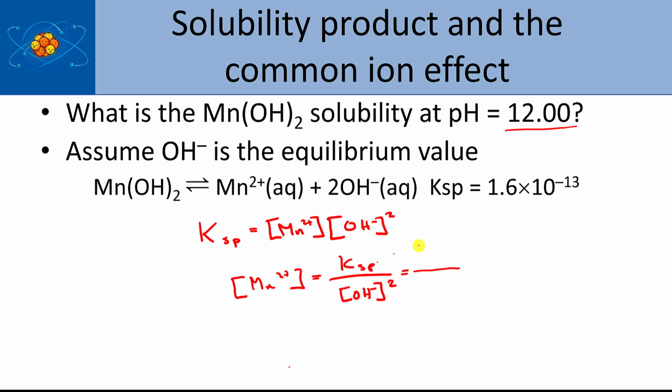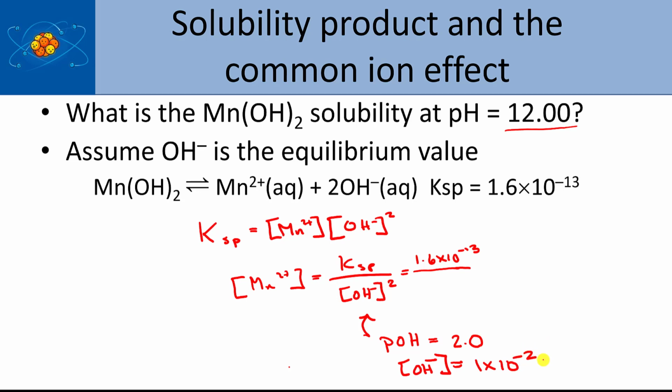So this is KSP, 1.6 times 10 to the minus 13. And then we just need to know what this value is. Well, if the pH is 12, then the pOH is 2.0, so the concentration of hydroxide is 1 times 10 to the minus 2.